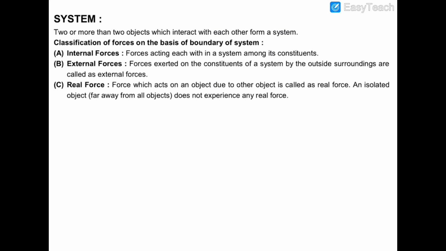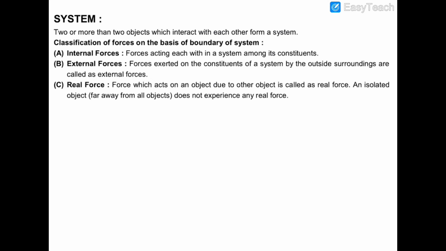Now what is a system? A system is a combination of two or more objects which are interacting with each other. So these objects which are interacting with each other will be collectively called a system.